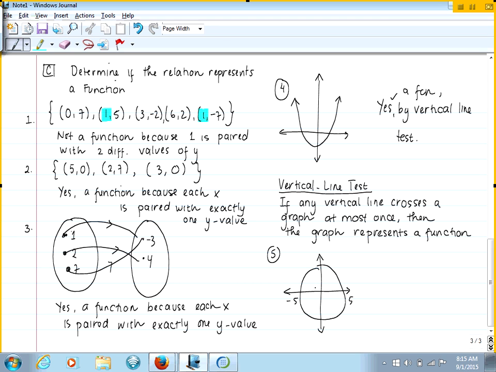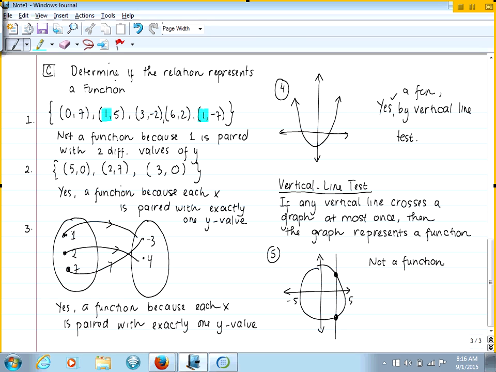Remember the one that we drew in the beginning? This is 5 and negative 5. Does this graph represent a function? No. Why not? Look at this. If I draw a vertical line, it crosses twice.